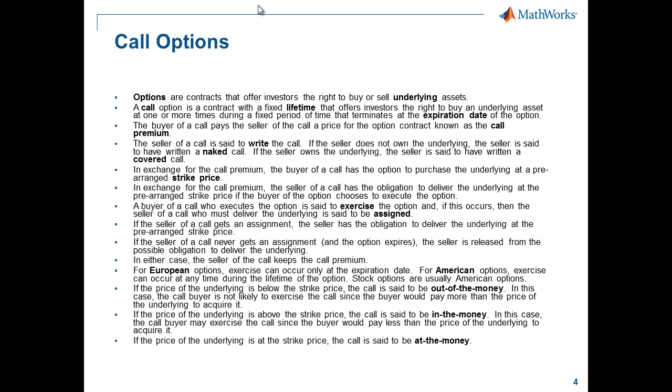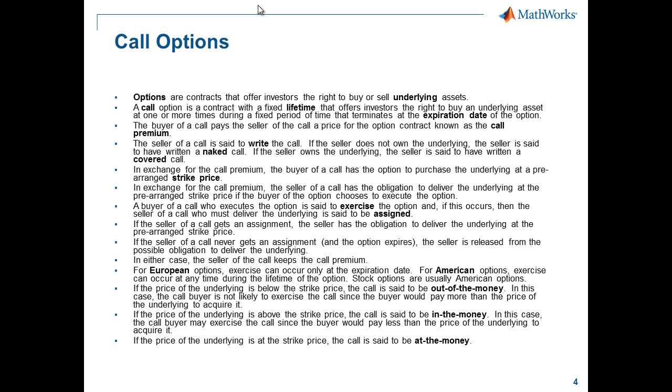So if the price of the stock is below the strike price, no one will exercise that option because they'd have to pay you more to take possession of the stock. If the price goes above the strike price, then the person who bought the call option from you might exercise that option, and they'll essentially pay you a lower price to take possession of the stock. That's how a call option works.